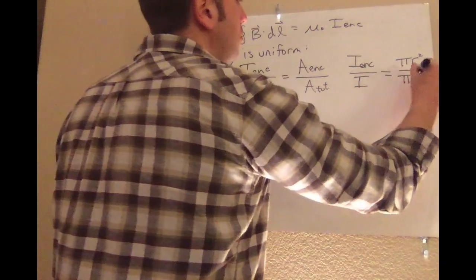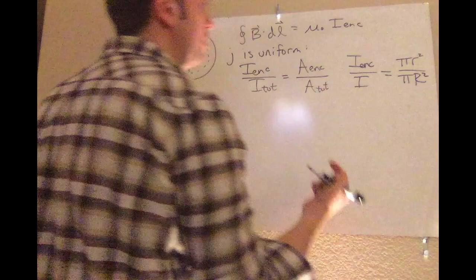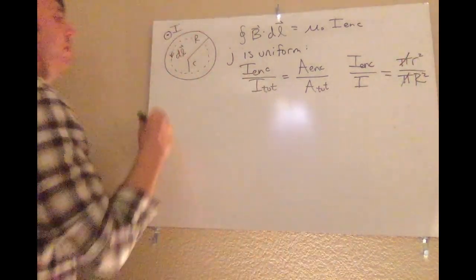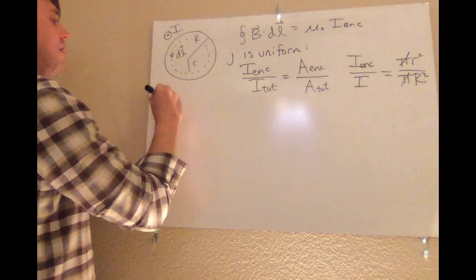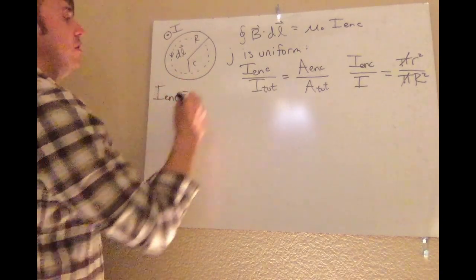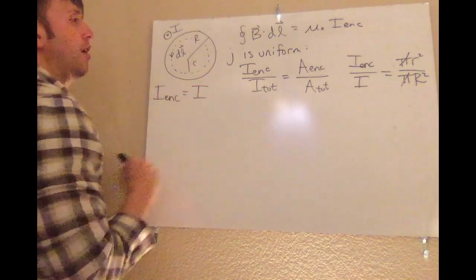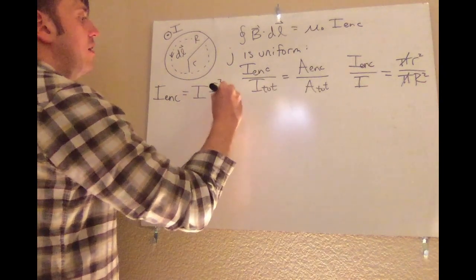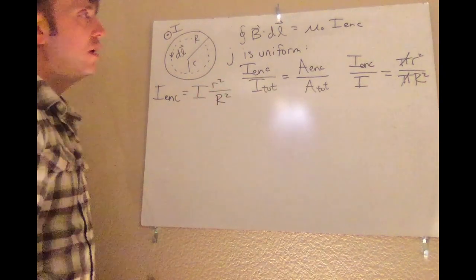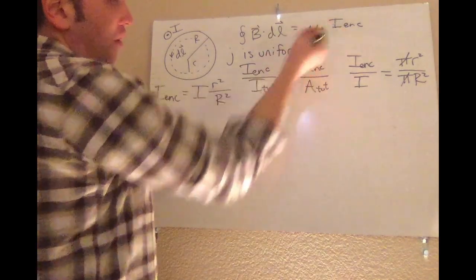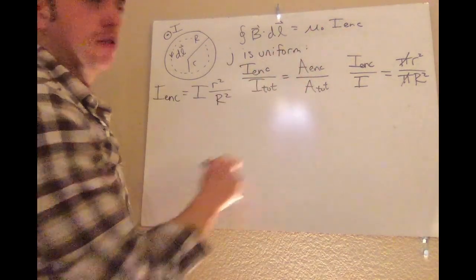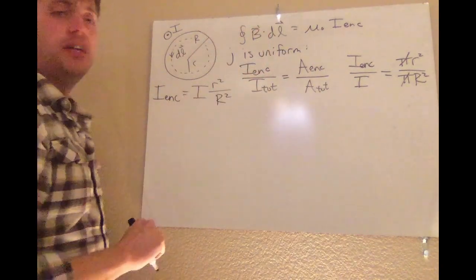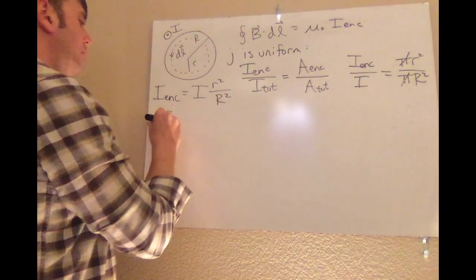So pi times big R squared is going to give us that area. So of course we can cancel out the pi's, and we get that I enclosed is equal to the current running through this wire times little r squared divided by big R squared. So in Ampere's law, we've accounted for the right-hand side. Okay, so we're going to plug that in when the time comes, but we still have to deal with this B dot dl thing. We have to figure out what that is.